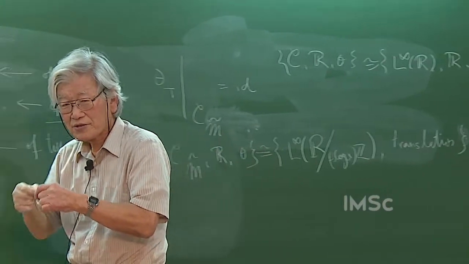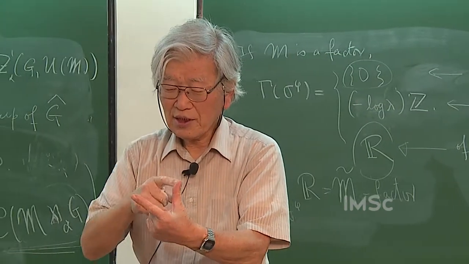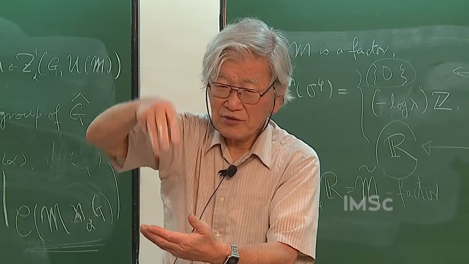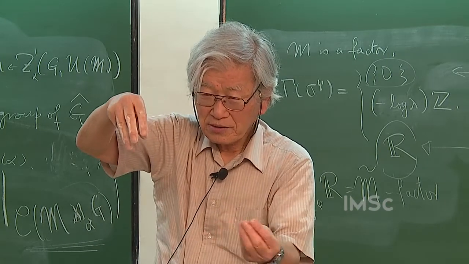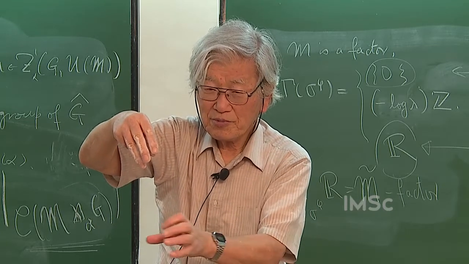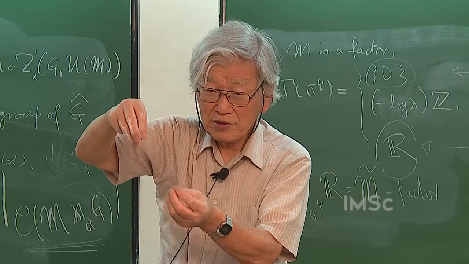Okay, that's the transitive case. Then you can see very quickly, center, real line, translating, with M tilde sitting on top. When you make a cross product, this disappears, and the top is still sitting there.